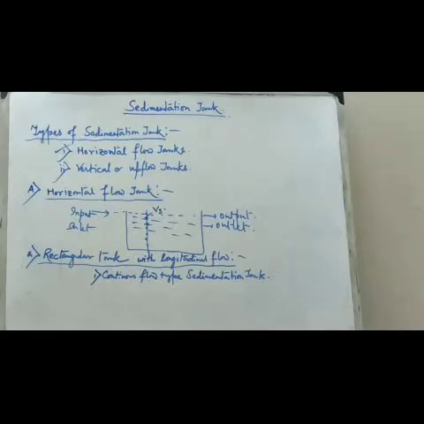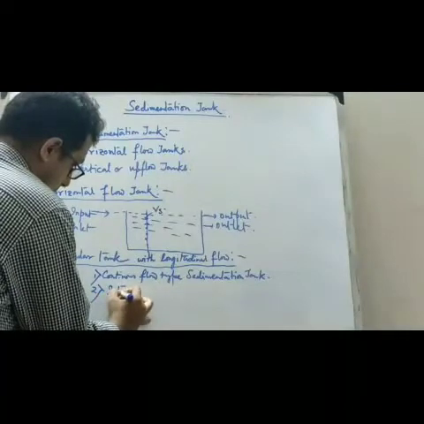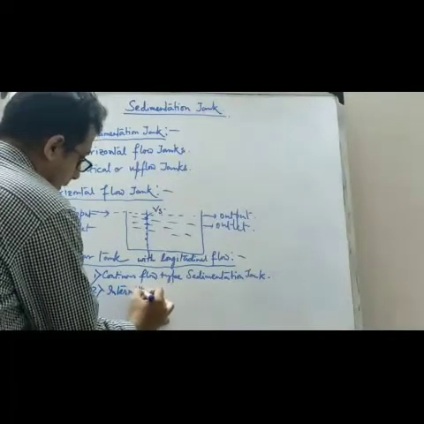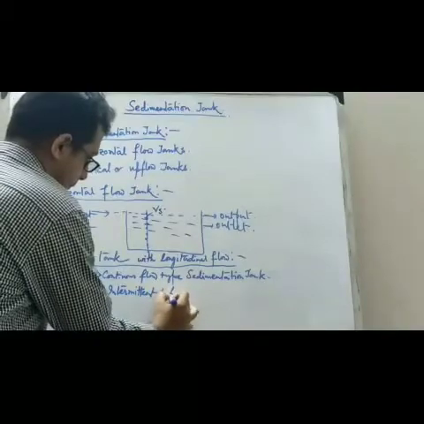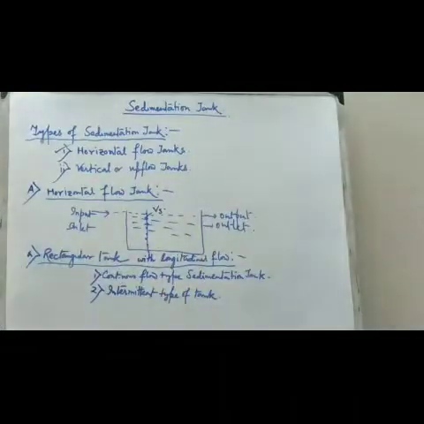Now, there is another type of tank where mechanical scrapers may not be provided, and this tank has to be cleaned by stopping the operation of the tank. This type of tank is known as intermittent type of tank.